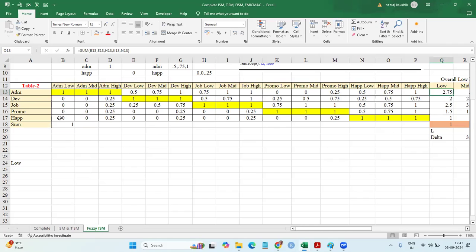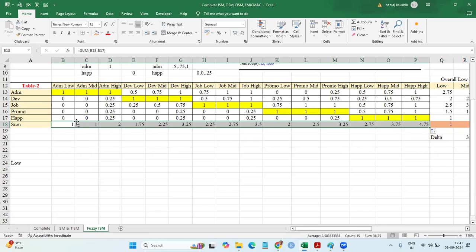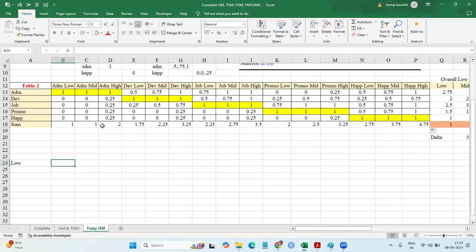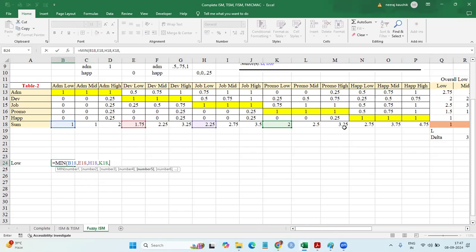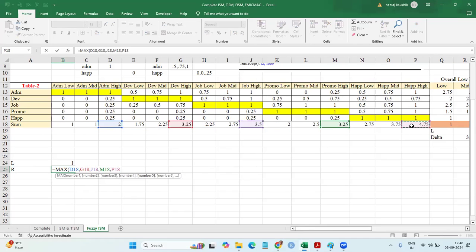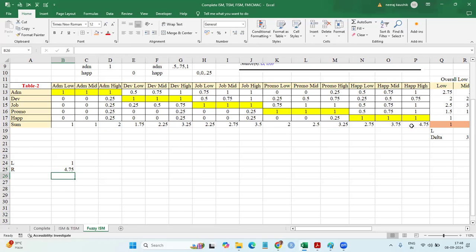Now we get the sum here of the column. Just get the sum. Now the low out of it will be the minimum value of all the low values here. These are the low and the high values. Range, basically delta, is equal to this minus this value.